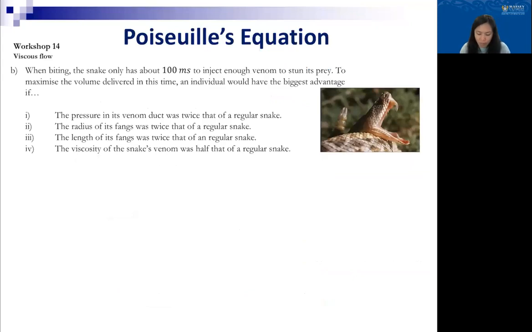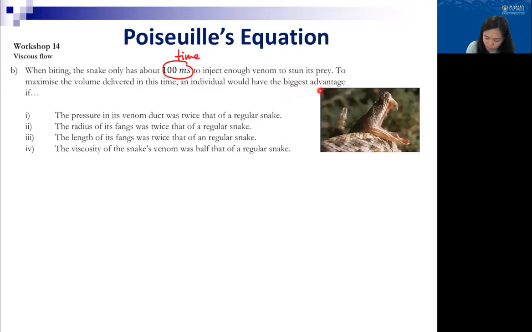Now for the second part, you have here the snake bites a prey. So when biting, the snake only has about 100 milliseconds. So of course, milliseconds, that's a measure of time, to inject enough venom to stun its prey. And to maximize the volume delivered in this time, what should an individual have to have the biggest advantage?